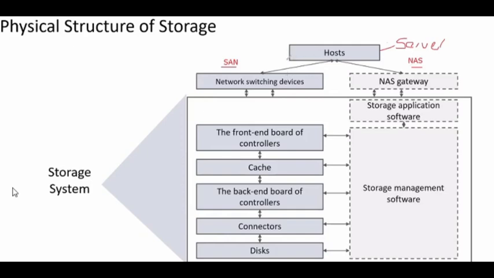So how storage area network works, generally, your host will send data via certain networking devices. So it can be Ethernet switches, can be fiber channel switches, depending on what kind of environment you're using. And then you'll go into a storage controller. So this whole thing at the back here is actually what we call the storage controller environment.